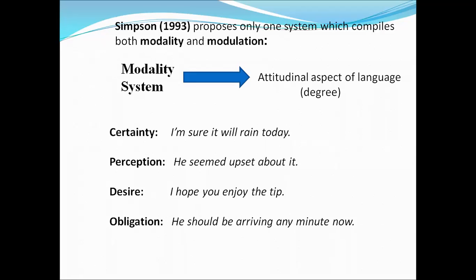Desire, I hope, I think, etc. Obligation, should, must, have, etc. So modality system means expressing what? Certainty, uncertainty, obligation, using modal auxiliaries or modal words. Have any confusion? Anybody?